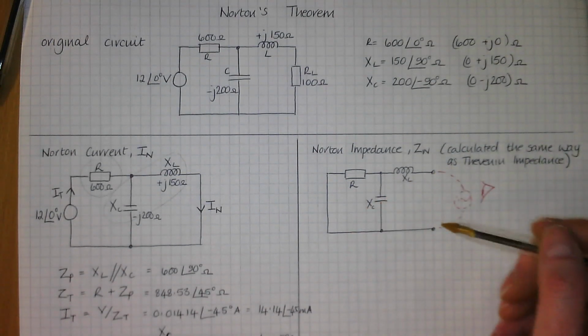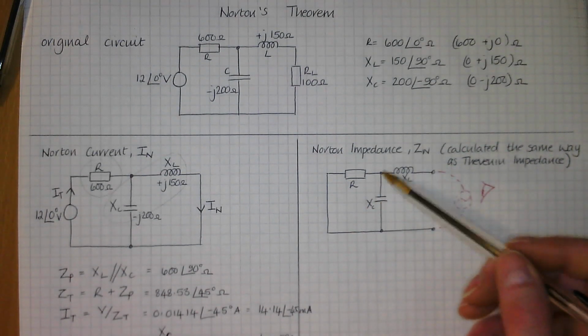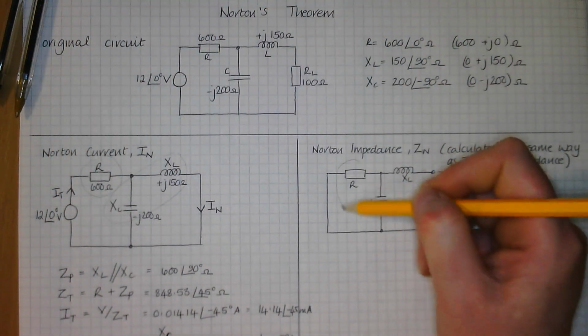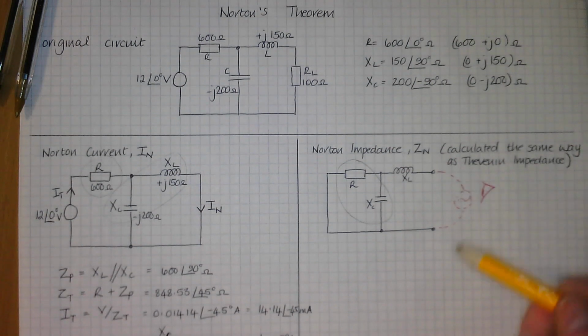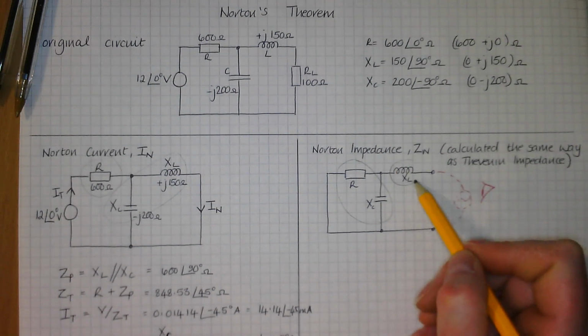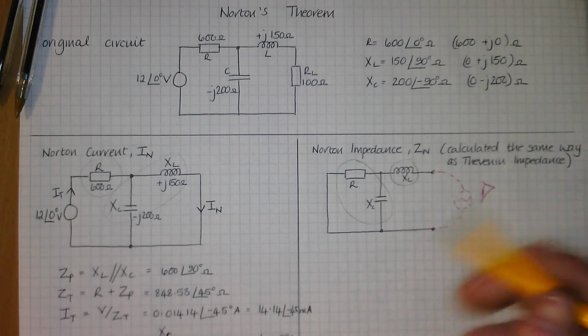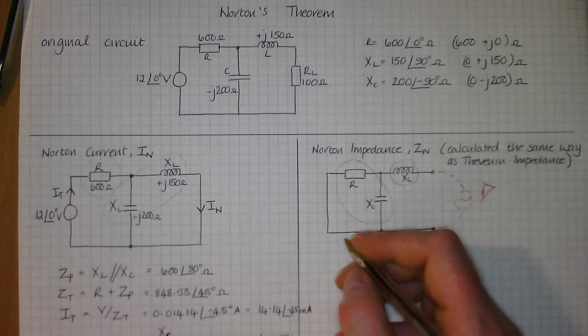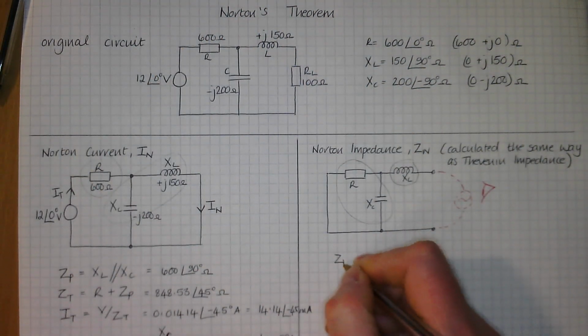And when you're looking in from that side, you'll see the parallel section has changed. So the parallel section is now this section here, and that's in series with that. So to work out your Norton impedance, you'll have a ZP.